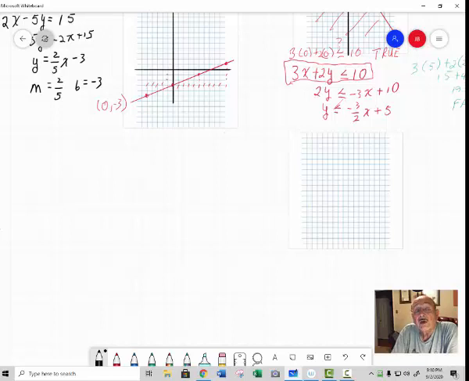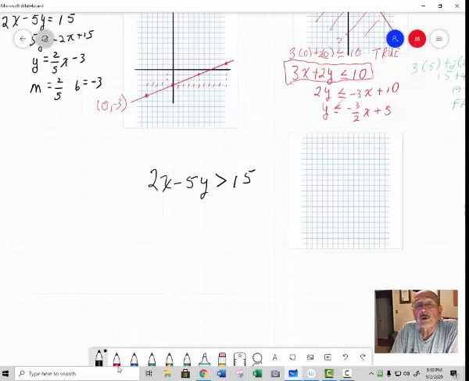Now it's similar to this equation up here that we had earlier. This one up here looks the same as this one except that I've got an inequality sign. We're going to do exactly the same thing that we did with the equation. We're going to subtract the 2x, so I'll have 5y is greater than negative 2x plus 15.